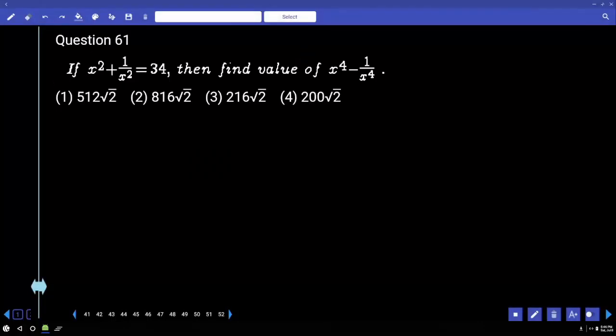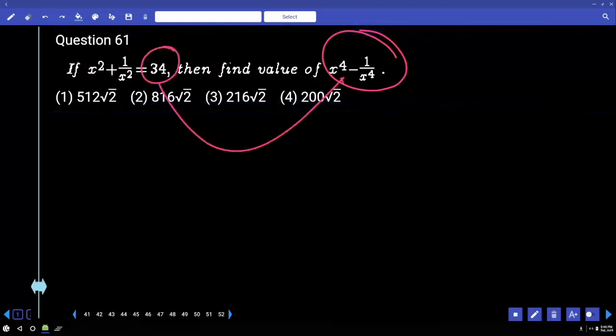2 సార్లు 3 సార్లు చేస్తే ఈ క్వశ్చన్ వచ్చేస్తుంది. If x square plus 1 by x square equal to 34, then find the value of x power 4 minus 1 by x power 4. If you understand this question, x power 4 minus 1 by x power 4, so this is a factor of this, isn't it?